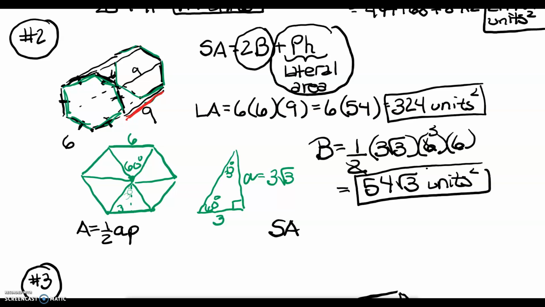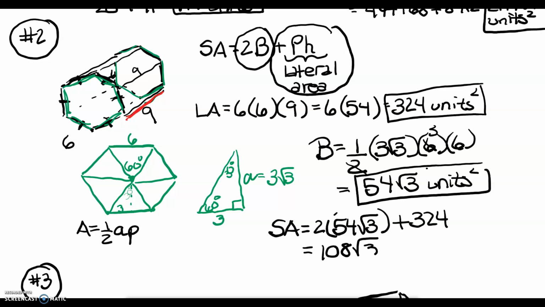So my surface area is 2 times 54 square root of 3 plus my lateral area, 324. So I end up with 108 radical 3 plus 324. And that's going to be units squared.